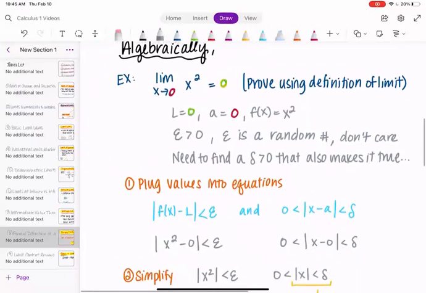So we pick one of them to be a random number. Epsilon is traditionally easier to pick to start with, and you'll see why in a second. But for now, we'll call epsilon equals a random number, and we're going to try to find some delta greater than 0 that makes that true, right?